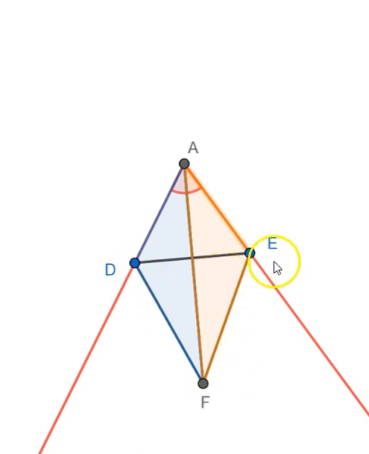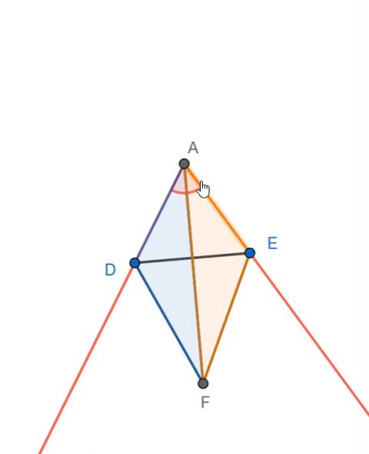We know DF is equal to EF, because again they are radii of circles with the same radius. And what else do we know? That this side is common to both the triangles. So side, side, side proposition we can use here to say that this triangle is congruent to this triangle.